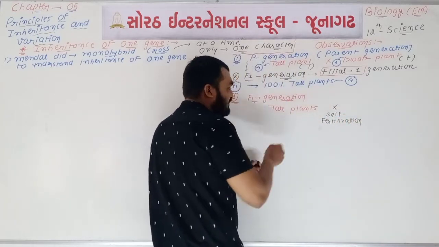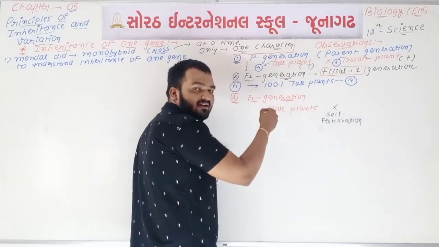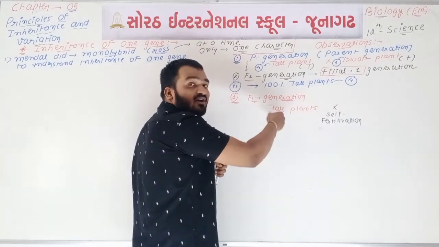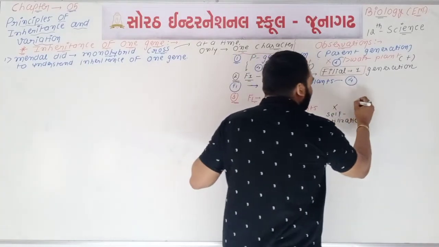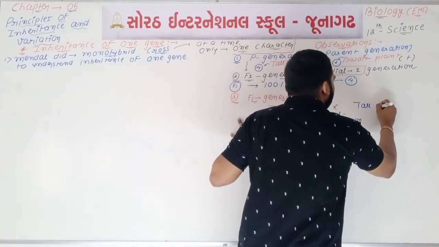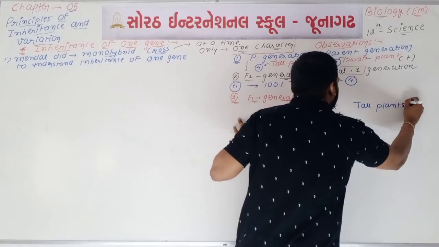So the pollen of a tall plant will fertilize the gynoecium of this same plant. So tall plants cross with tall plants.